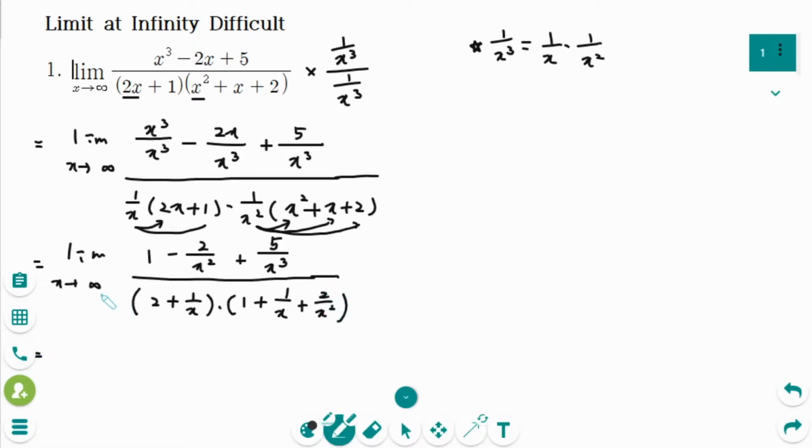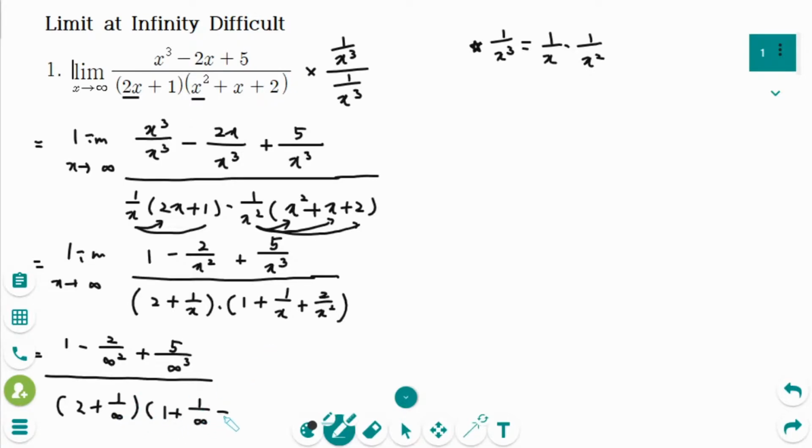And then put infinity into x: 1 minus 2 over infinity squared plus 5 over infinity cubed over 2 plus 1 over infinity times 1 plus 1 over infinity plus 2 over infinity squared, like this.